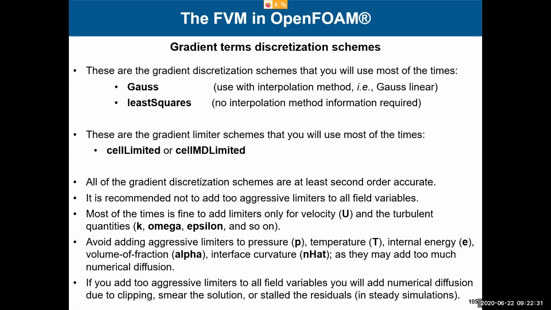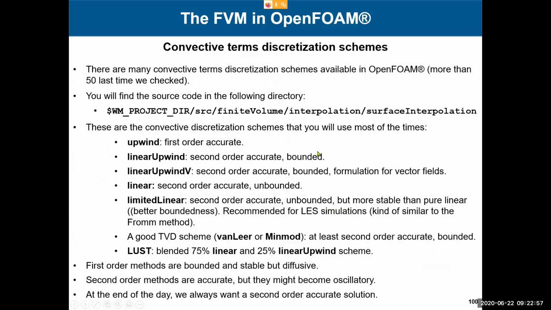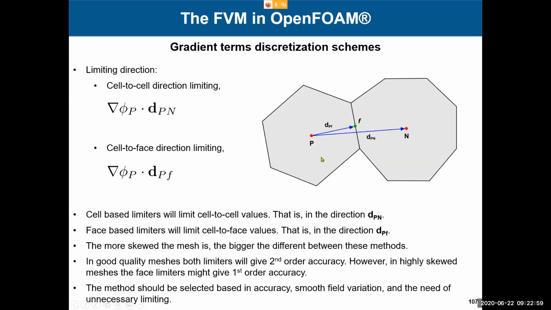A small warning: be careful not to add very aggressive limiters to pressure, temperature, energy, because if you are interested in accurate force computation or heat transfer rate, and you put a very aggressive limiter, let's say this one with a blending factor of 1, it might add a little bit of diffusion. Okay, be careful about that. So that blending factor, actually, okay, later I will mention that, is this.